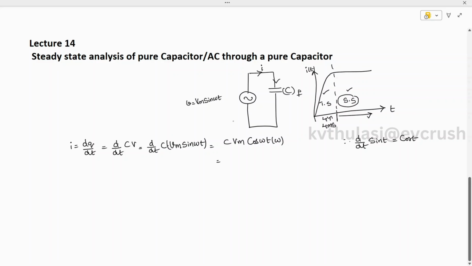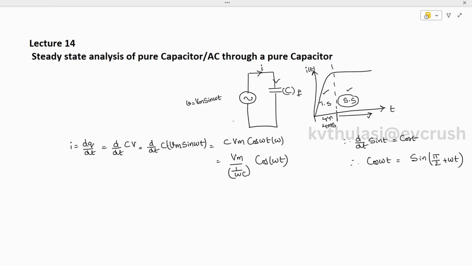Therefore I can write this as Vm divided by 1 by omega c into cos omega t. We already know that cos omega t can be written as sine of pi by 2 plus omega t.